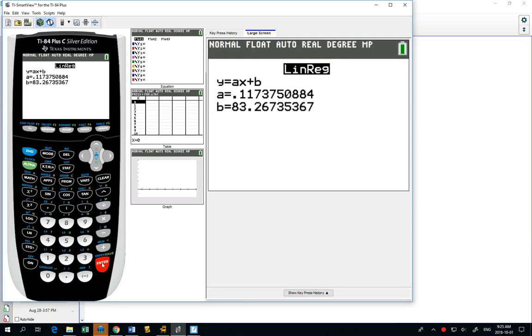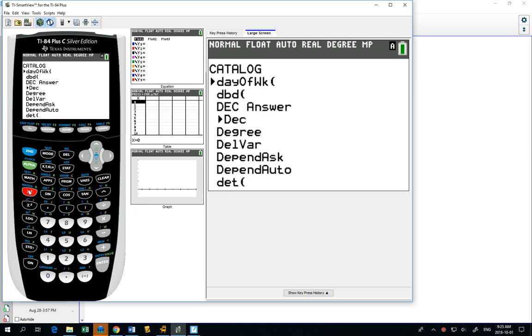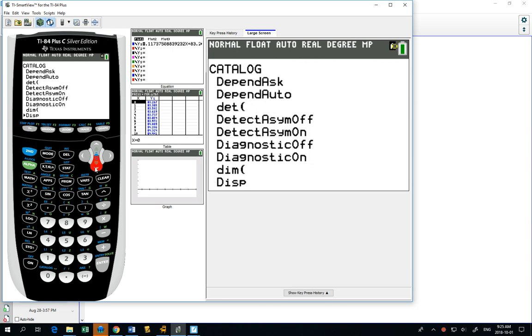Another thing that I'm going to get you to do right now, because it's going to come up later, is go second, catalog, and then push the letter D to go to the letter D's. We want to find diagnostic, and we're going to turn that on. There it is.